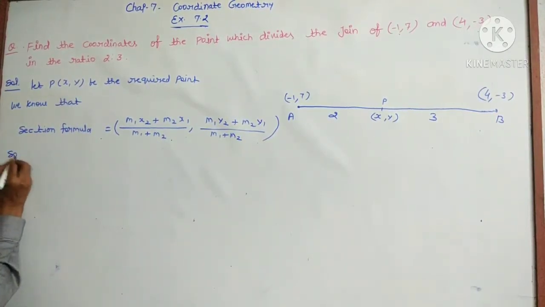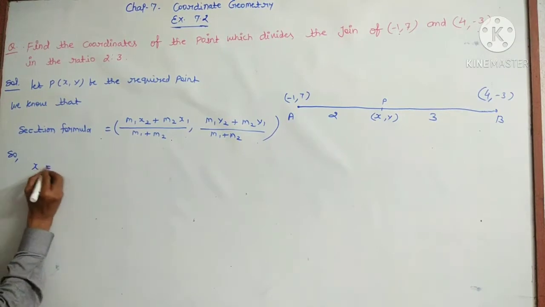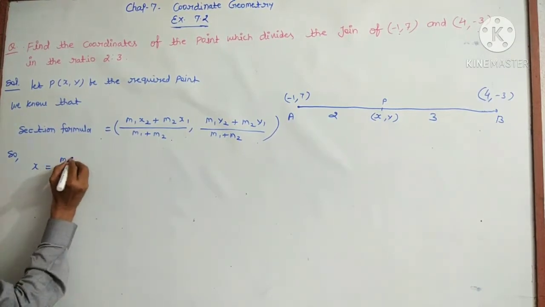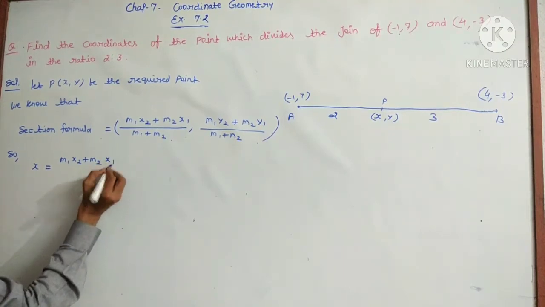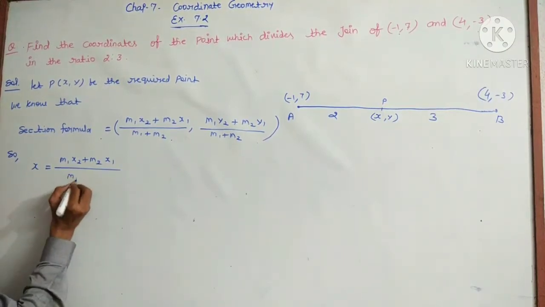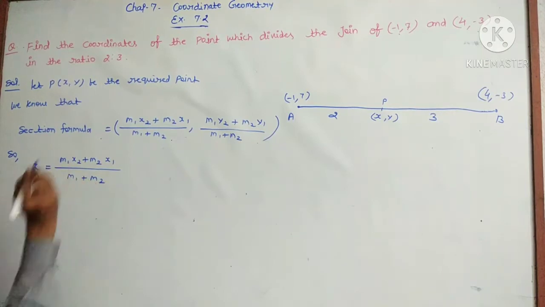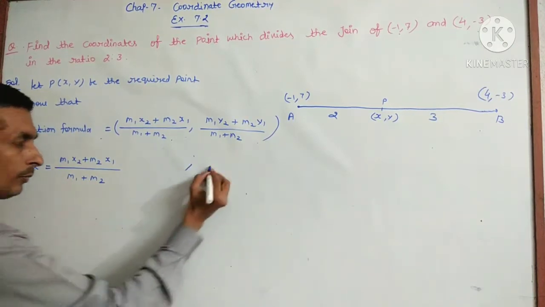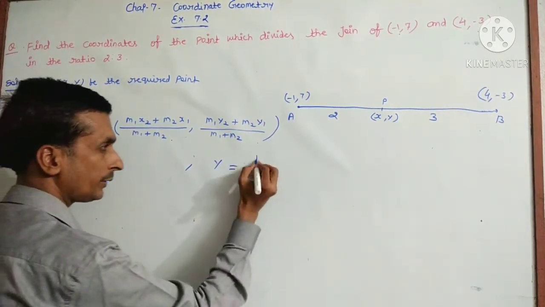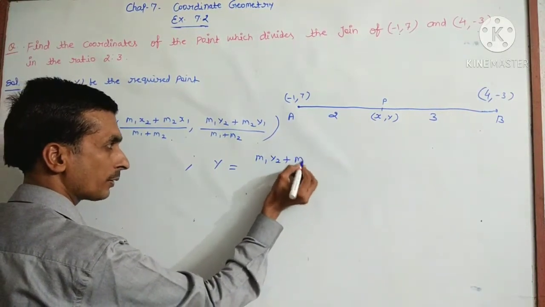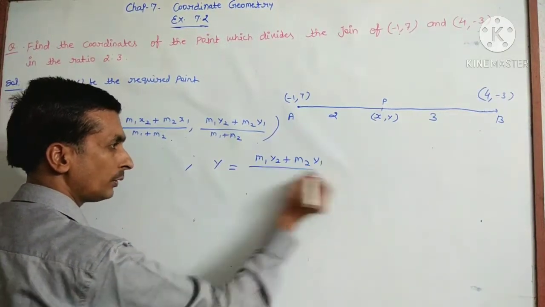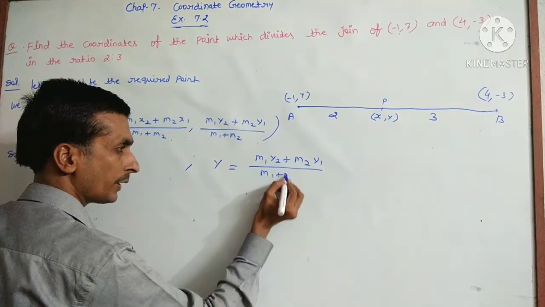So first of all, x equals (m1 x2 + m2 x1) upon (m1 + m2). Okay, now value of y, how to write? (m1 y2 + m2 y1) upon (m1 + m2).